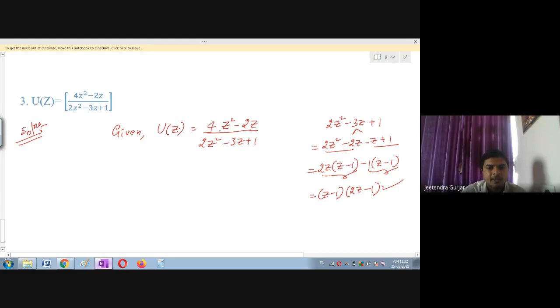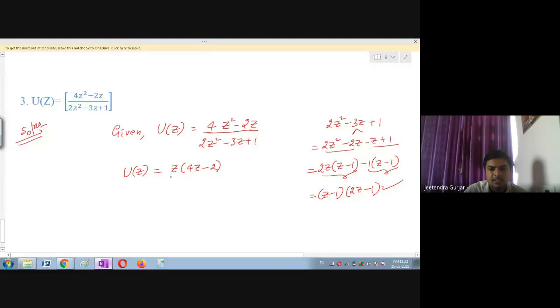Okay. Now again you can just see here, U(z) divided by z I want. So I will just take out one z in the numerator. So one z I will take outside, students. So you can just see this is, U(z) is equal to, I will take z outside, right? So in the bracket you will get here 4z minus 2, right?